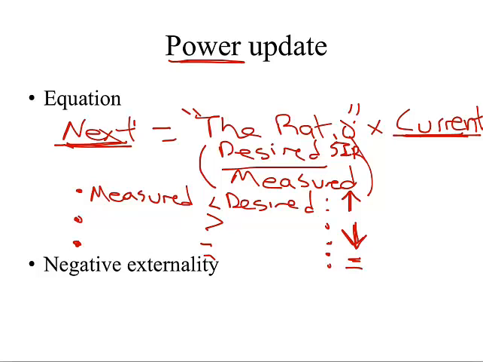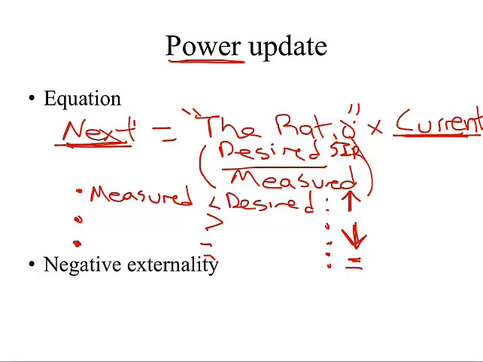And again, that's also very intuitive because if the desired is the same as the measured, then we don't want to change our power levels at all. We might have to go back in the future and change them because someone else might then adjust their power level, which either would raise or lower our SIR, causing us to have to readjust again. But intuitively, that update makes sense.